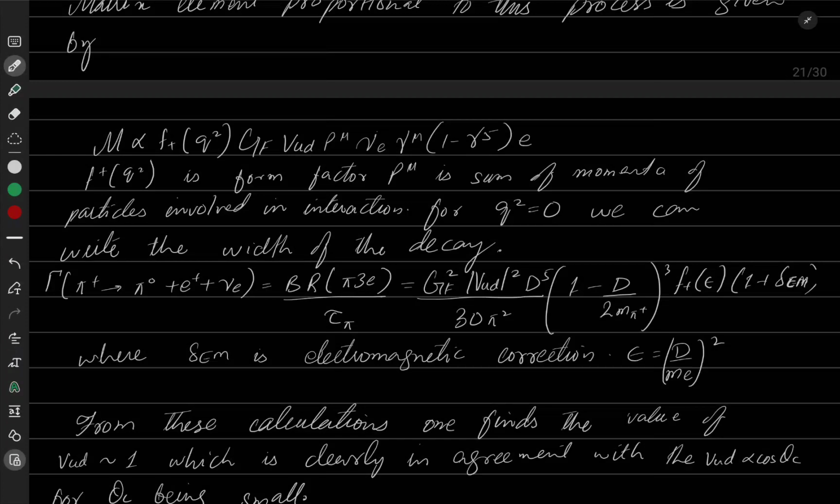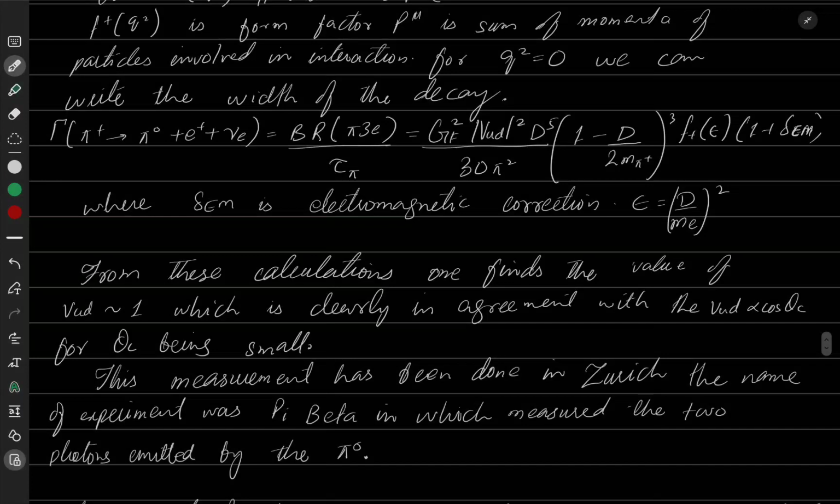So actually, to cut the long story short, in the Z line shape the electromagnetic corrections are around 30%, and it's very important. So from these calculations, we find that VUD is around 1, the actual value is 0.97 something. You can see it on Wikipedia or somewhere else.